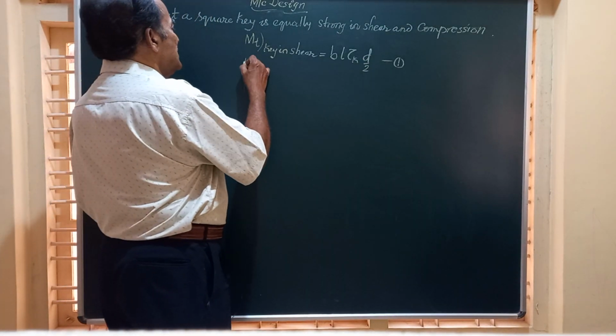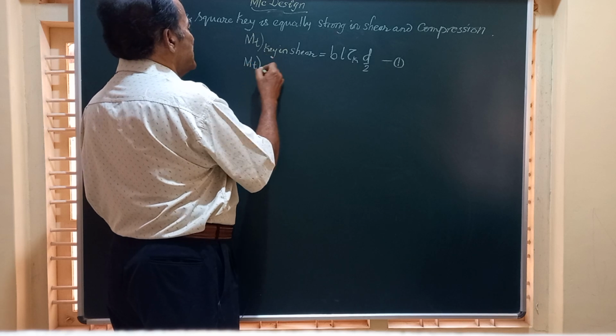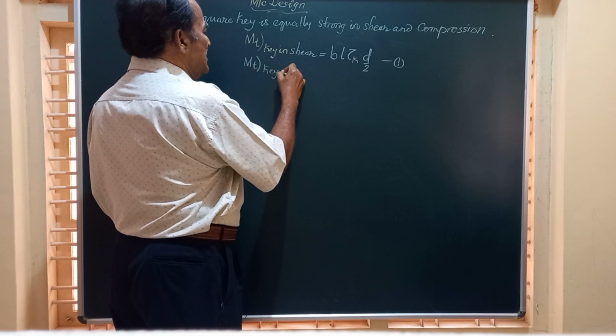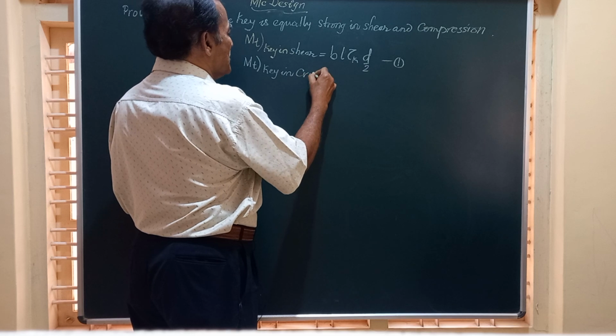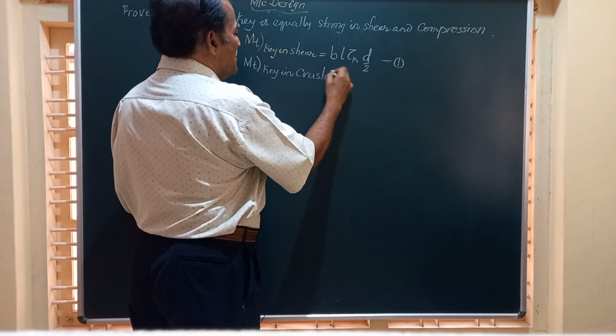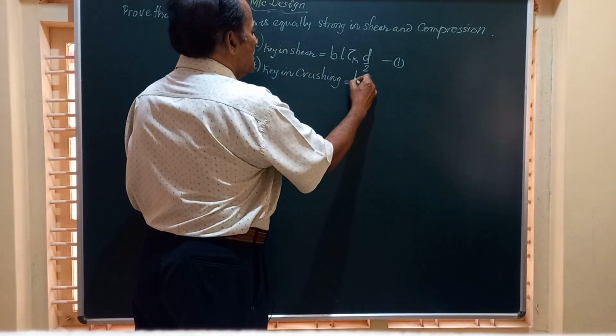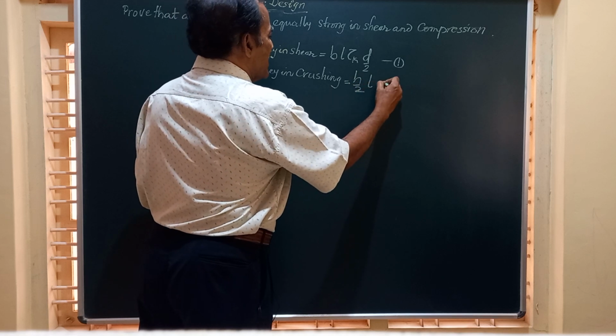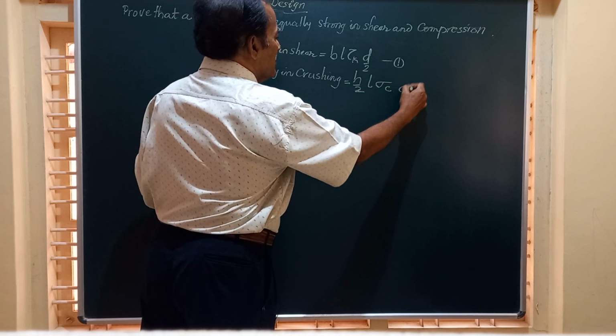Similarly, friends, in general, the torque transmitted by the key in crushing or in compression is given by the relation h by 2 into L into sigma c into D by 2.